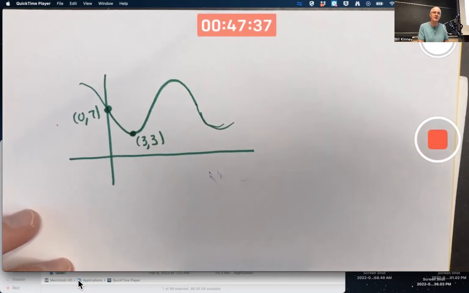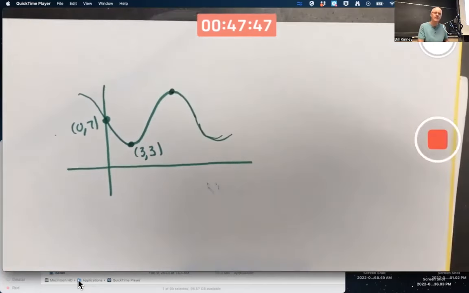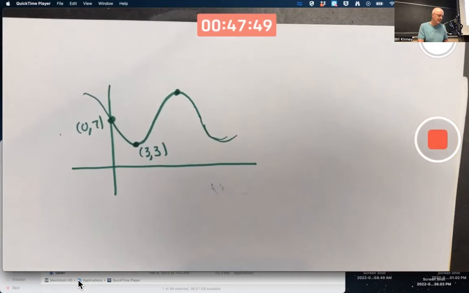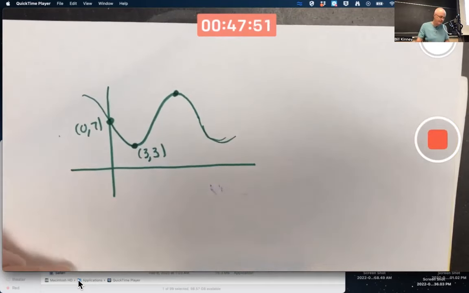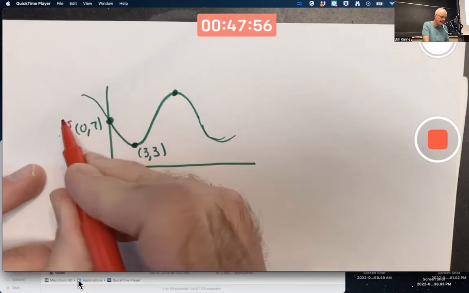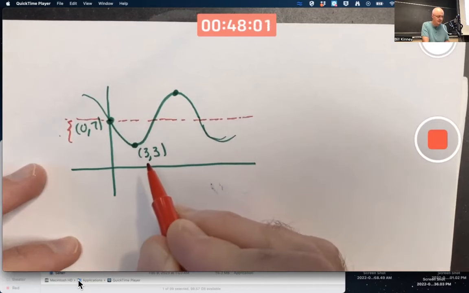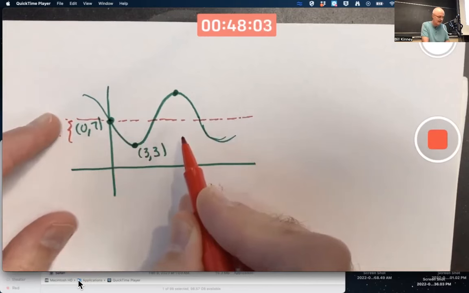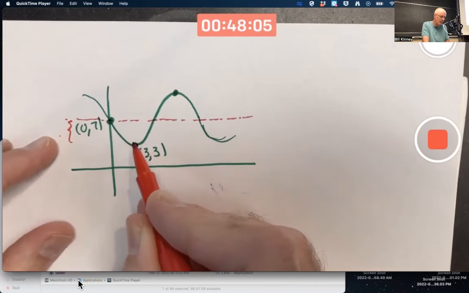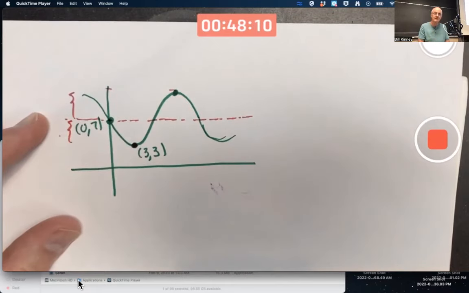What kind of information do you need to be able to figure out what this function is? First of all, you need something called the amplitude. The amplitude can be thought of as the vertical distance between a line midway through this kind of graph with an output of 7 in this case, and say the lowest point, or the distance between that and the highest point, vertically speaking.